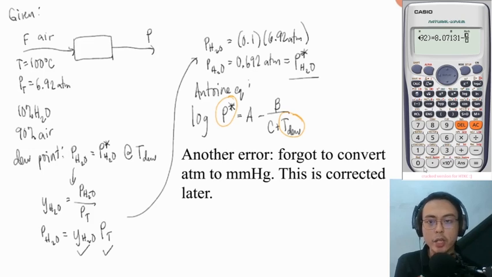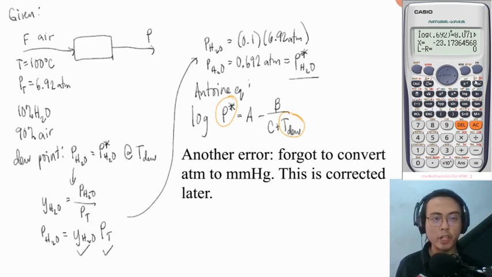You don't have to memorize Antoine equation constants. B is 1730.63, because there's so many constants. You have 3 constants per compound, and then there's hundreds and hundreds of compounds that utilize the Antoine equation. C is 233.426 plus dew point temperature, which is our x. And then solve.